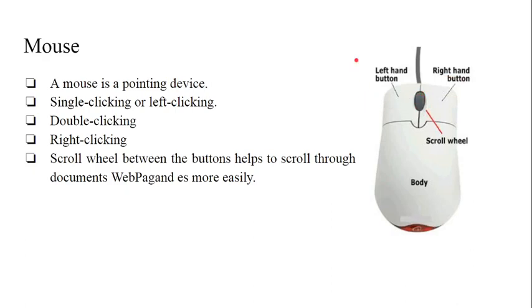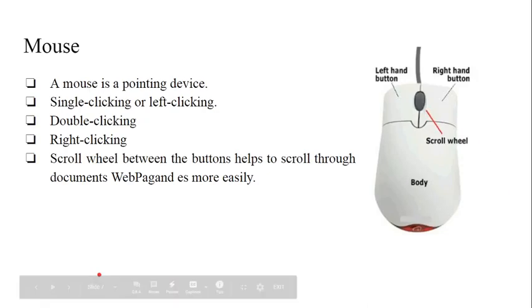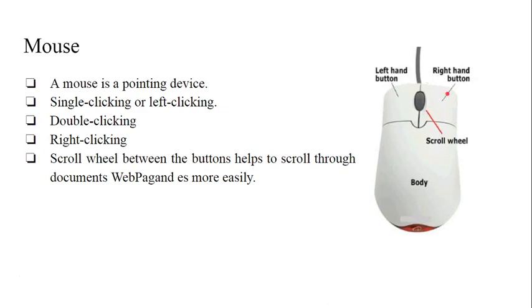When we have to select a menu like this, here so many menus are there, and to select a menu from this I can use the left hand button of the mouse. To open a folder on the desktop, or to open an application on the desktop or any area of the computer, I have to double click on this left hand button.